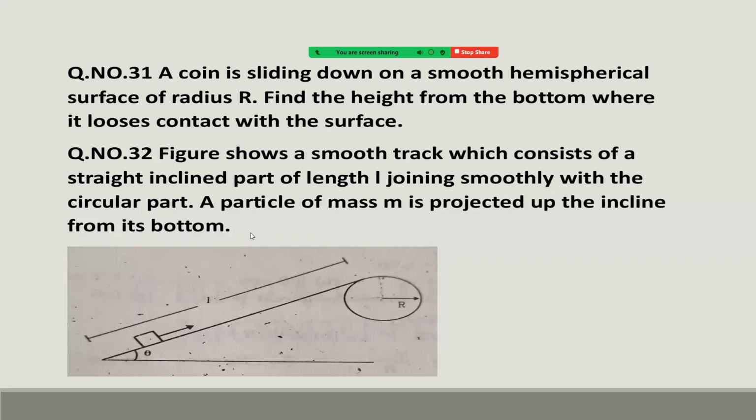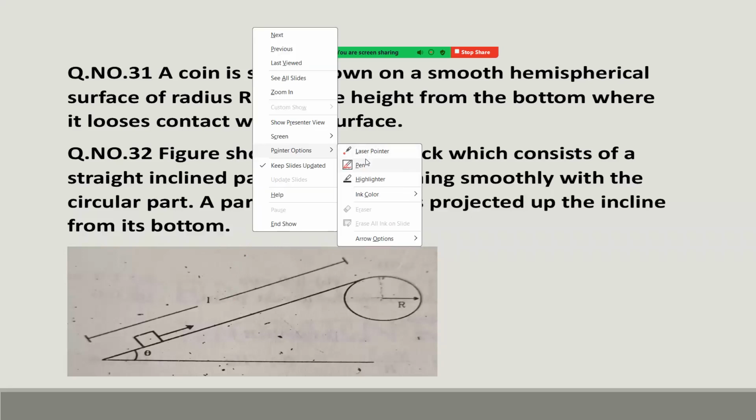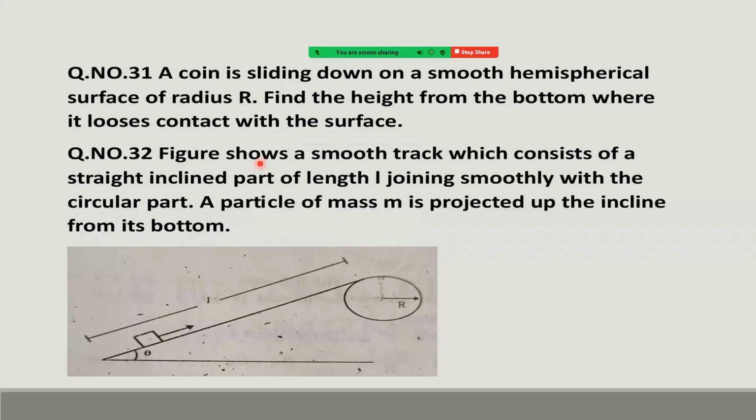Question number 32. The figure shows a smooth track which consists of a straight inclined part of length L joining smoothly with the circular part. A particle of mass m is projected up the incline from its bottom.